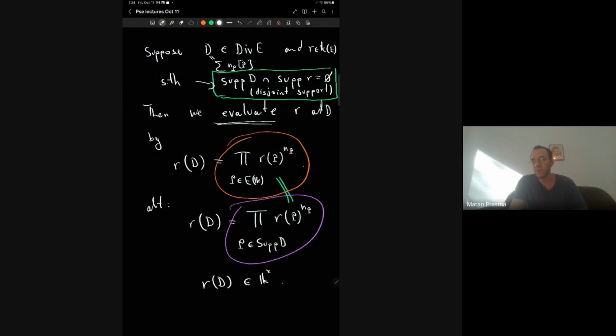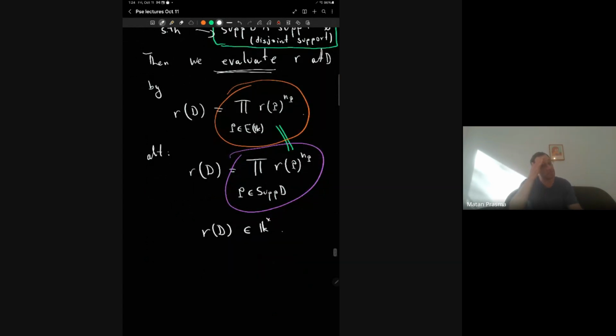And using this evaluation, well, first, I guess I should say, this is the main component to show that the definition that I will soon sketch is equivalent to the original definition. It is called the Weil reciprocity.